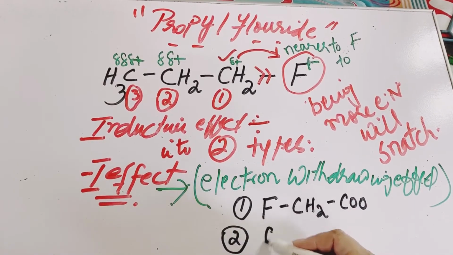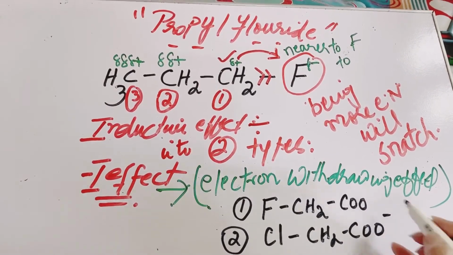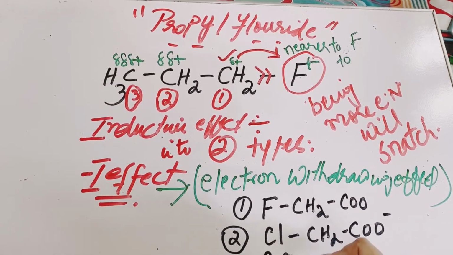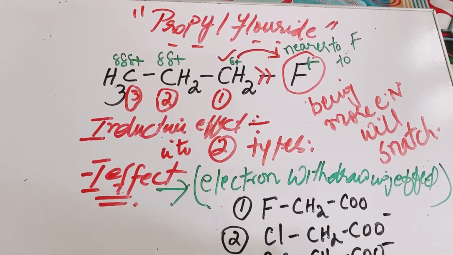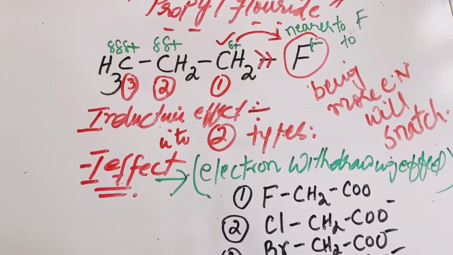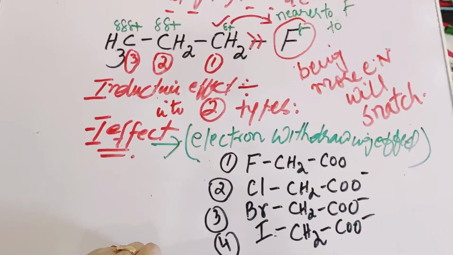Number 2, chlorine, CH2, COO. Then of course number 3, bromine, CH2, COO negative. And of course number 4 is iodine, being the least electronegative as compared to the other forms.